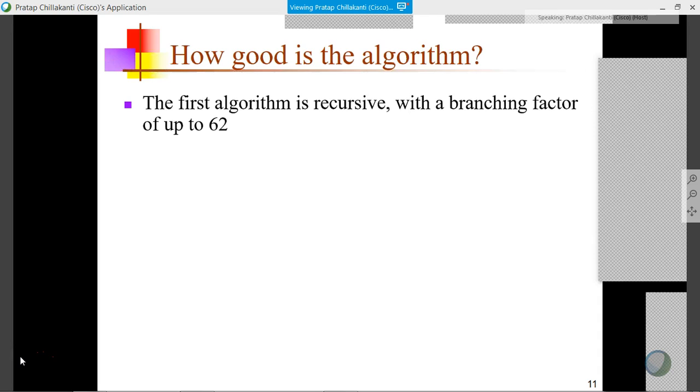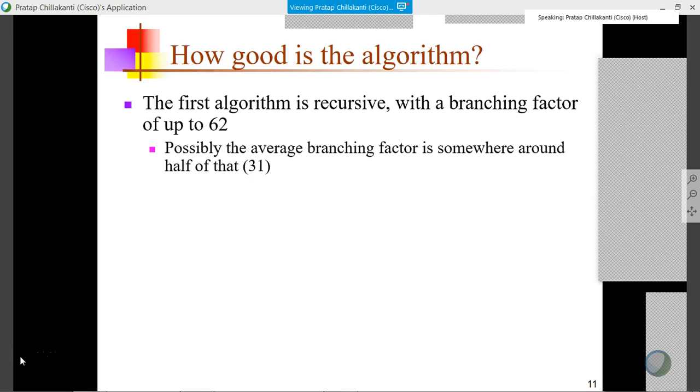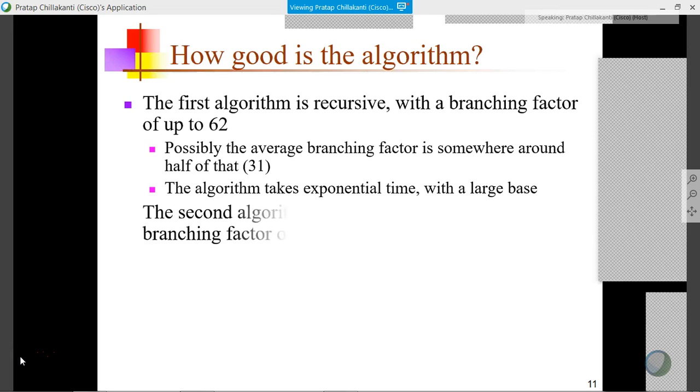When you look at the algorithm that you have seen, basically what it says is that to solve the problem for 62, you have a branching factor up to 62, because 1 plus 62. A lot of exponential time wasted. You have 5 ways of looking at it. Remember the second approach that I showed you?